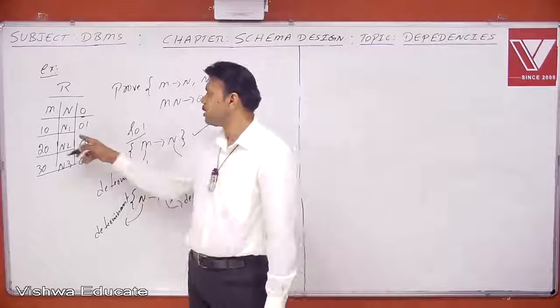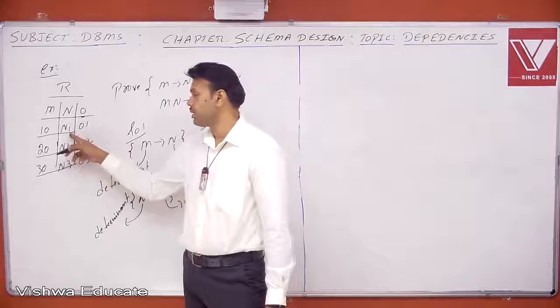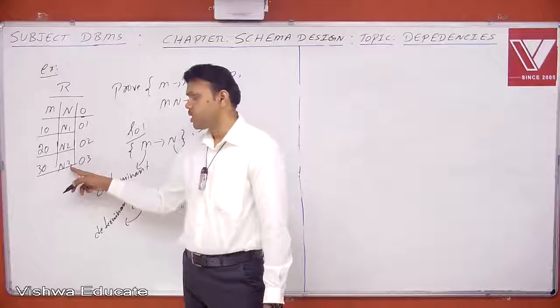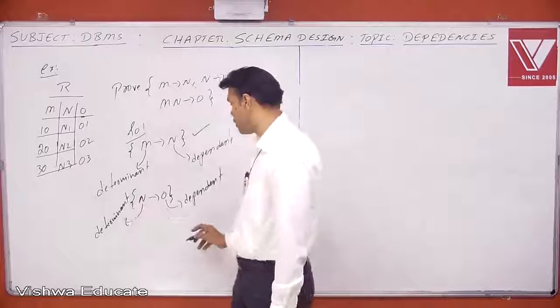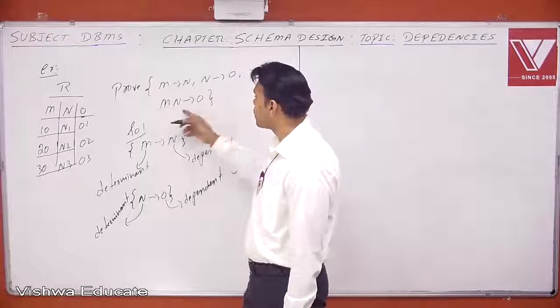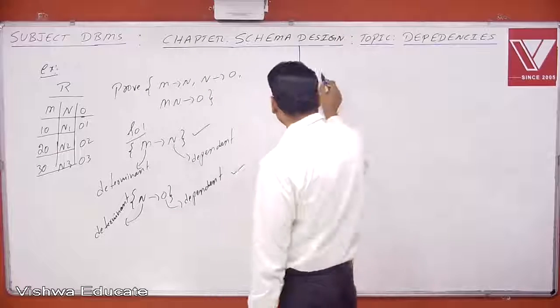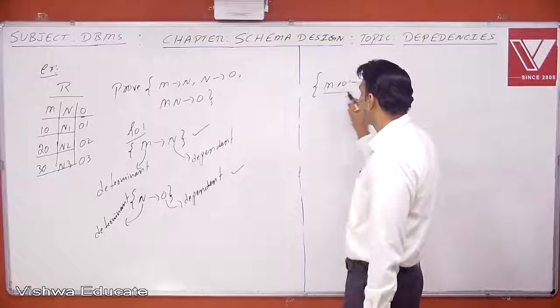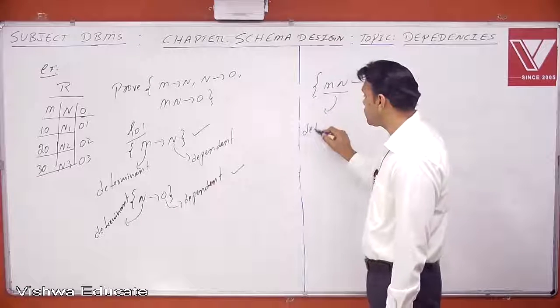Now you check, N is unique or not? Yes. So which means N to O is also proved. Come back to MN to O. Here MN together is a determinant.